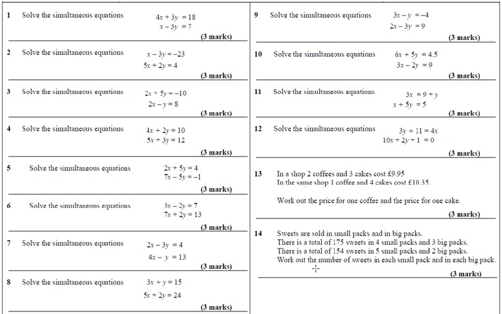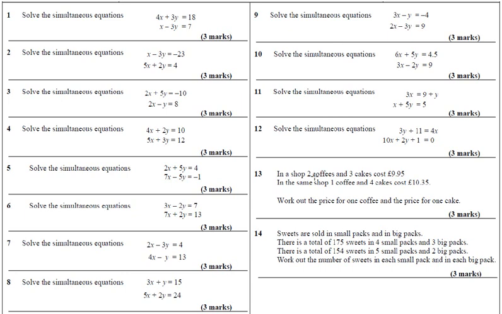Question 13 and question 14 are fairly simple once you understand what it's asking you to do. As you can see, question 13, you look at this first of all and you might say, well, how is this a simultaneous equation? Well, it's a real life simultaneous equation. So what you could do is say, okay, 2 coffees and 3 cakes. Now annoyingly, they put C for coffee and C for cakes.